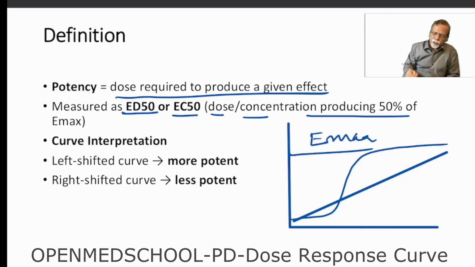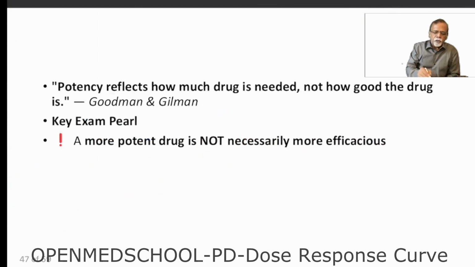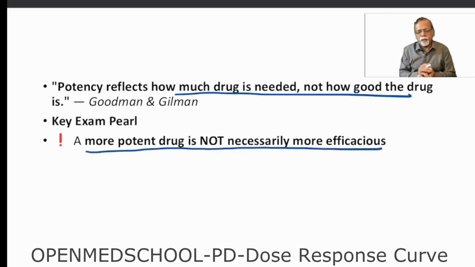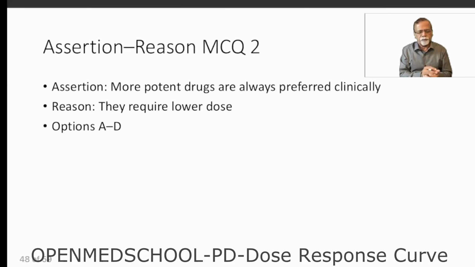If the curve is shifted towards the left, it is more potent. Shifted towards the right, it may be less potent. So potency reflects how much drug is needed, not how good the drug is. A more potent drug is not necessarily more efficacious. So efficacy and potency are different.